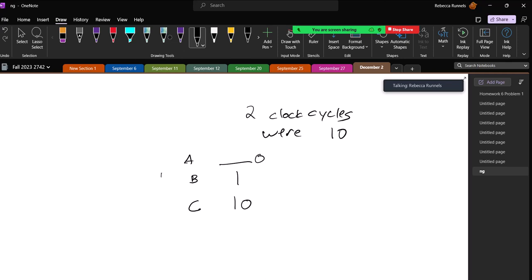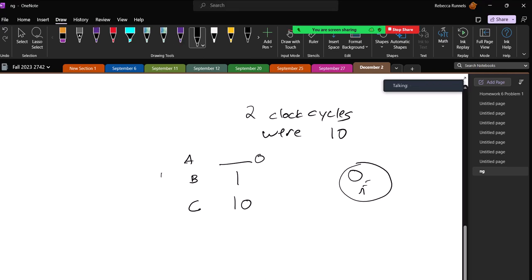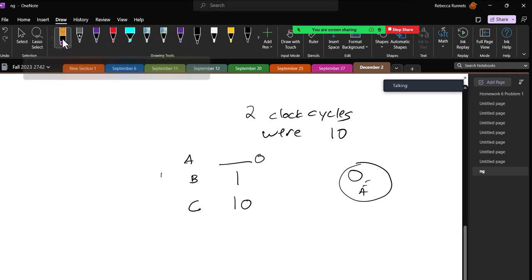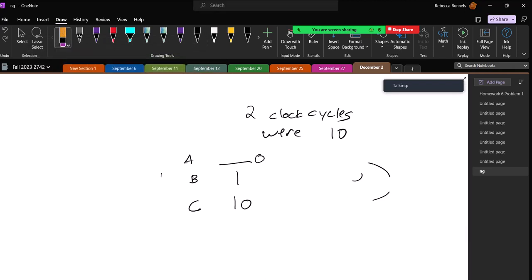So reset, and my output is 0. And I'm just going to put over here on the side because it helps me.